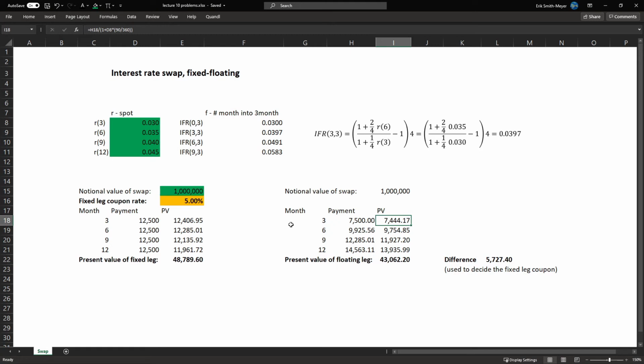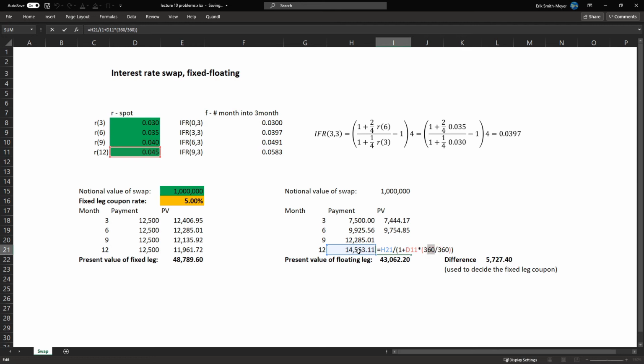When we discount these cash flows, we use the spot rates. And here, the present value of the first payment, the 7,500 coupon, is 1,444.17, and we do the same for all the coupons. And remember that the spot rate is quoted in annual terms, so we have to adjust it.